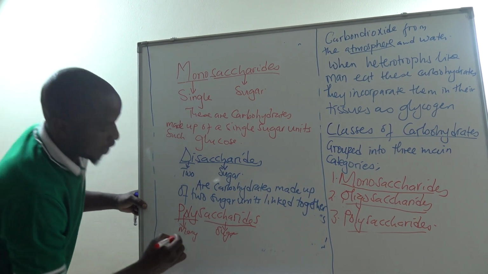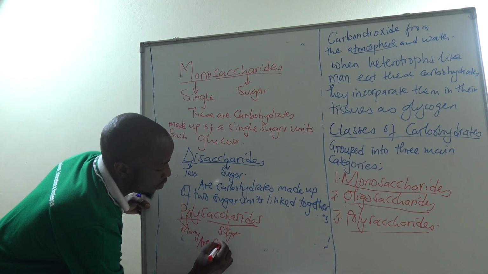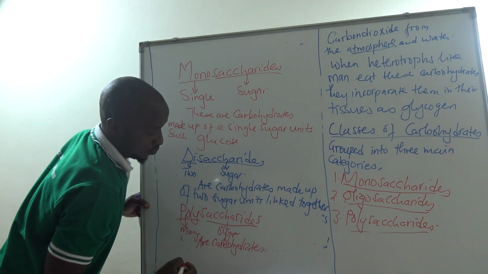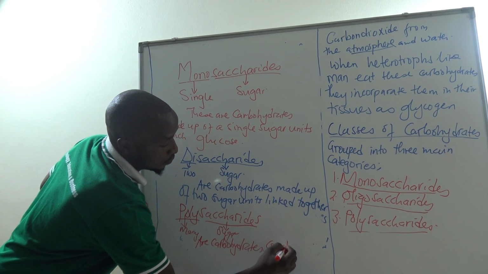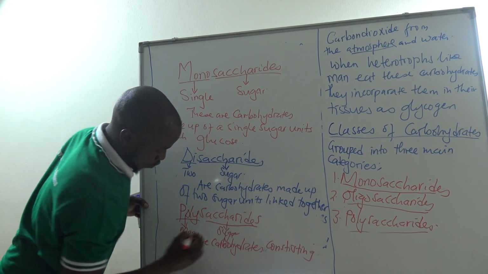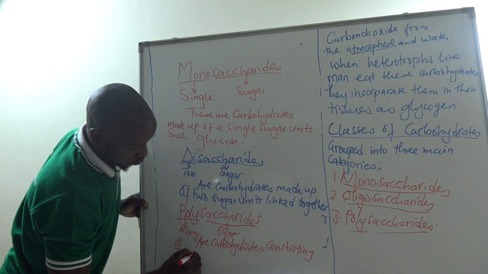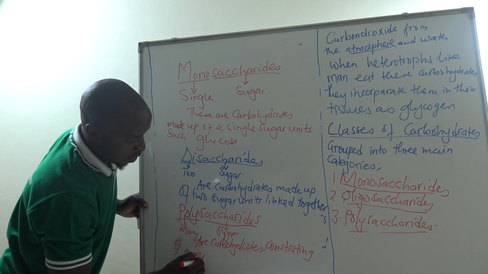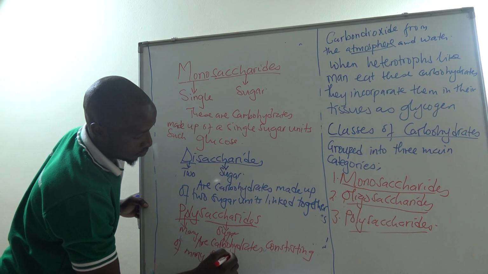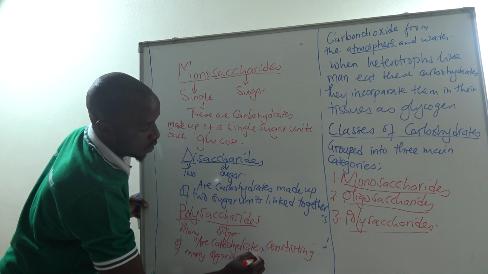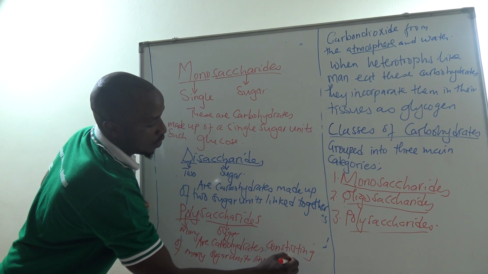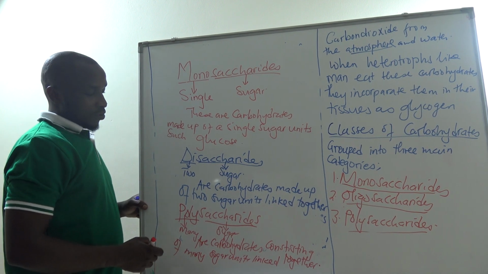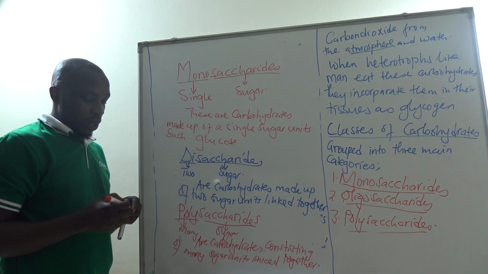So polysaccharides are carbohydrates consisting of many sugar units linked together. Very many sugar units linked together. So we shall find several polysaccharides.